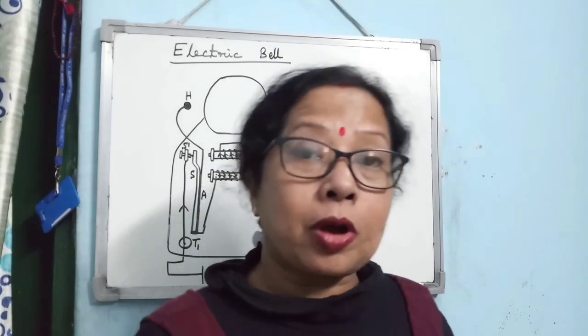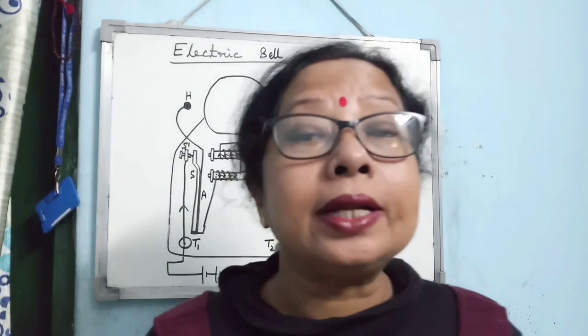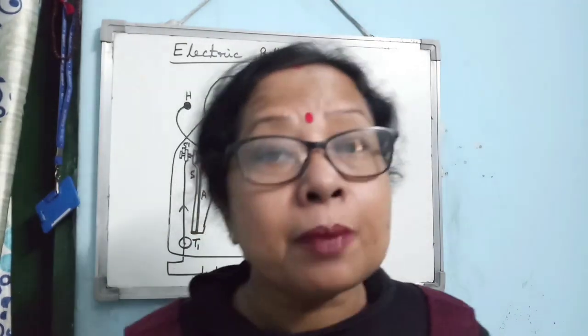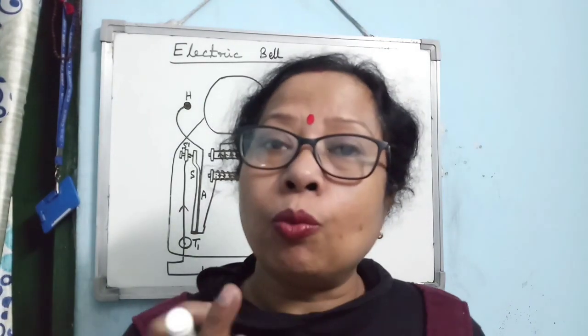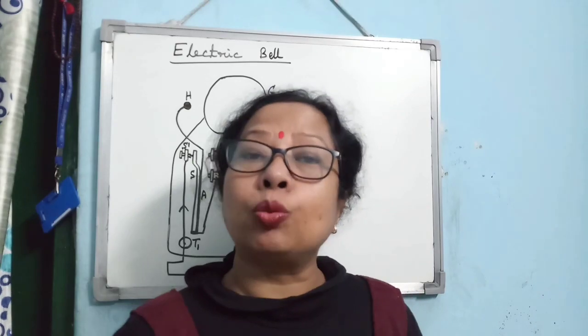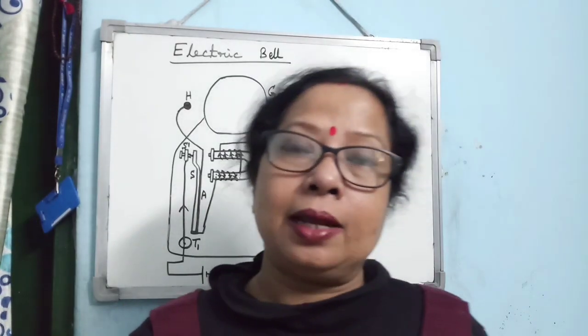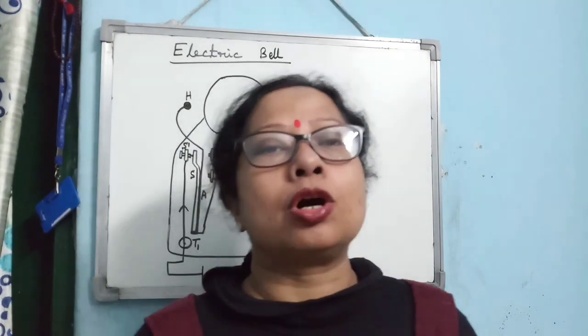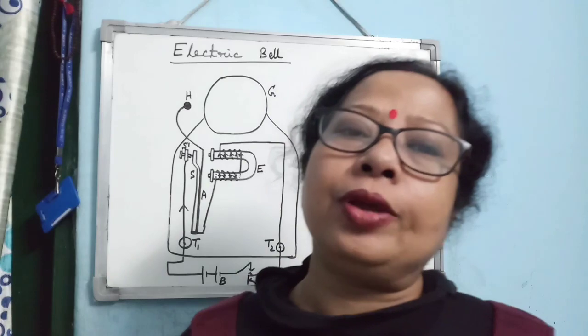Then the next point you have to understand is the working principle of the electric bell. Okay, I repeat, working principle. It is not working. Working principle of electric bell. The electric bell works on the principle of magnetic effect of electric current.